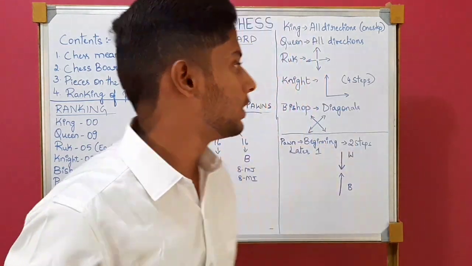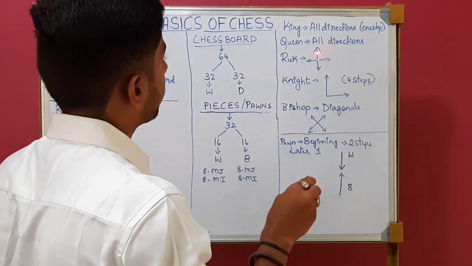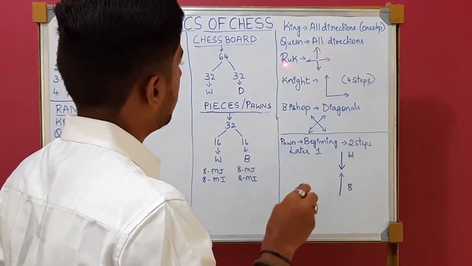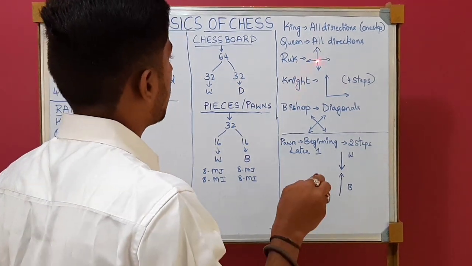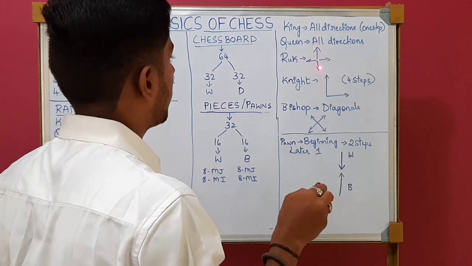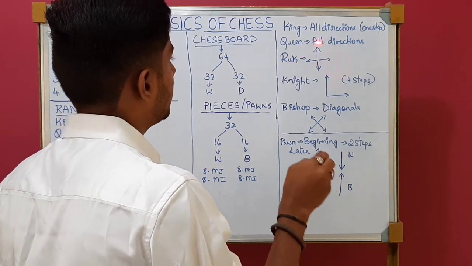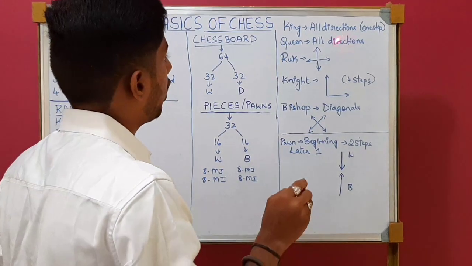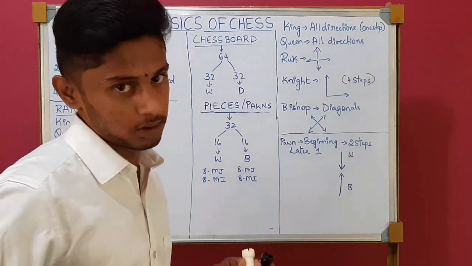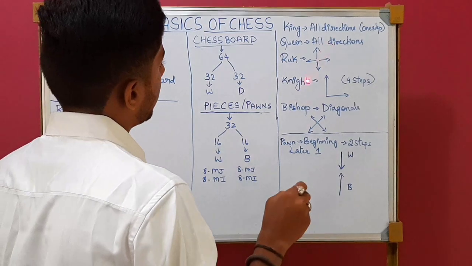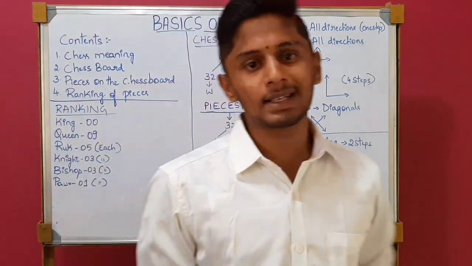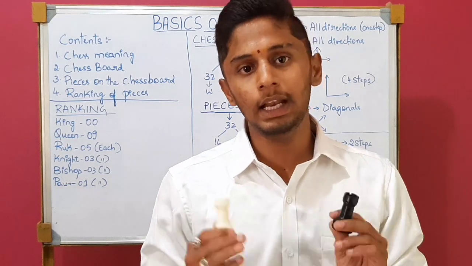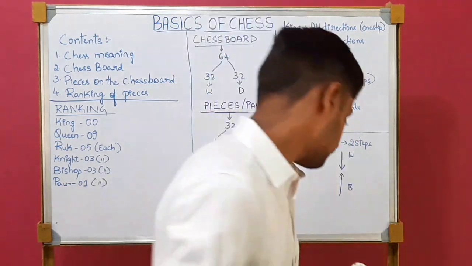The rook moves in plus-shaped directions, which means the rook moves upwards, downwards, left and right. The rook cannot move in a diagonal direction. And same as king and queen, the rook also cannot jump or skip over any piece. This is about the rook.